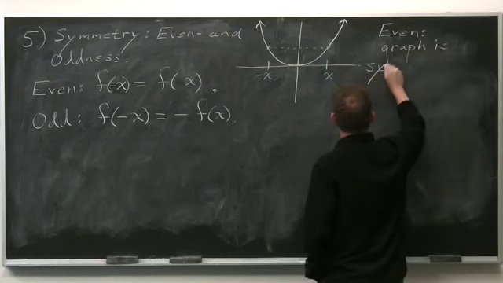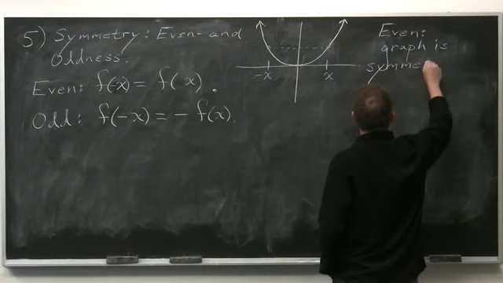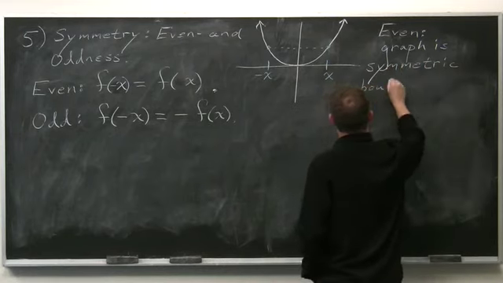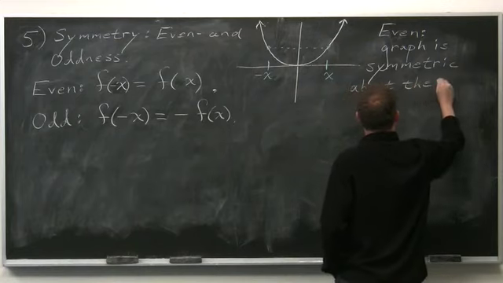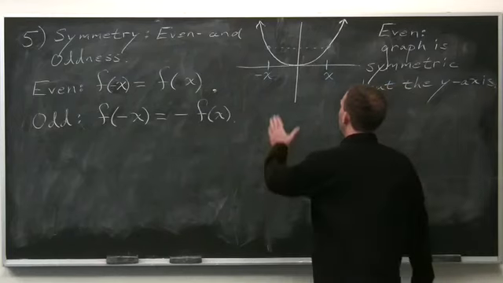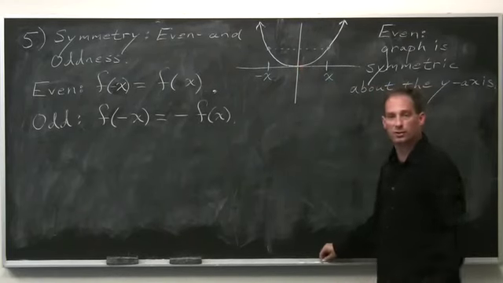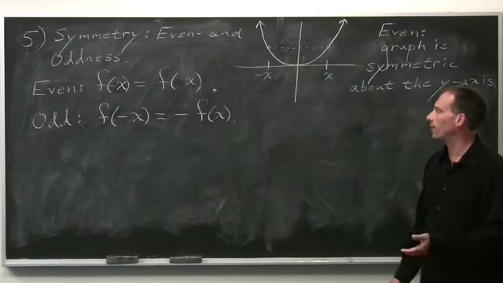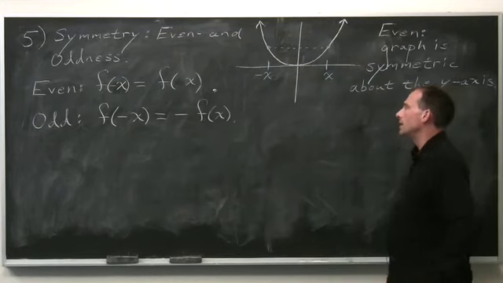And if your graph is symmetric about the y-axis, then you only need to graph your function for positive x's, and then you can just flip it around the y-axis to find what happens for negative x's.